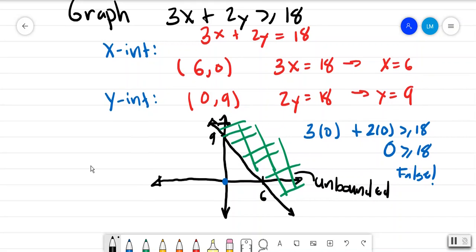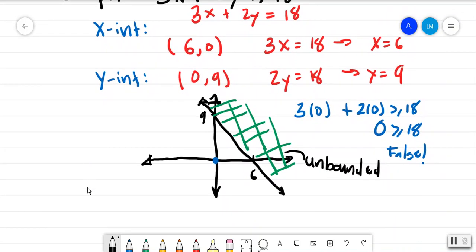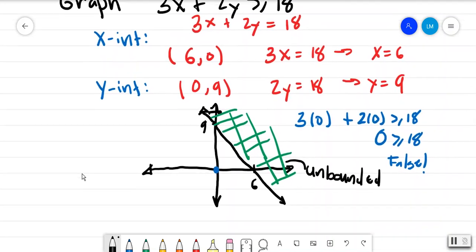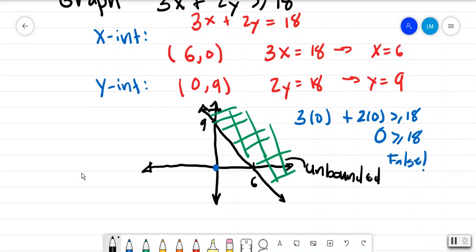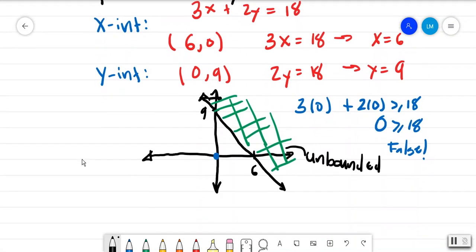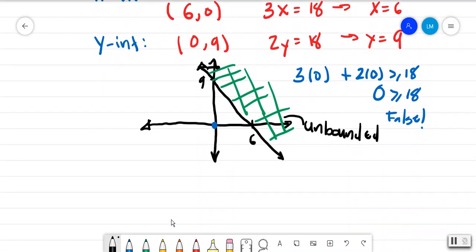Now, another way that you probably could have done it without using the testing method is that, knowing you have 3x plus 2y is greater than or equal to 18, you can rewrite it so that y is by itself.